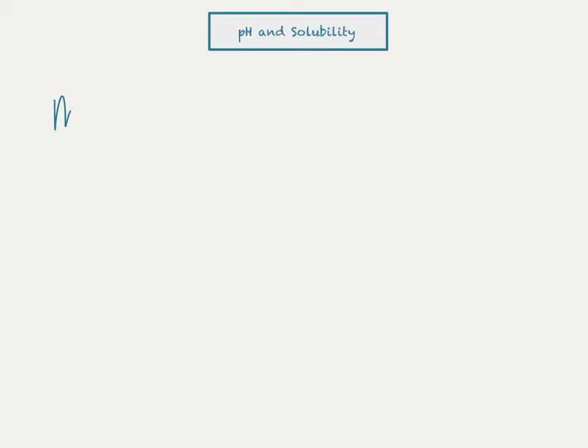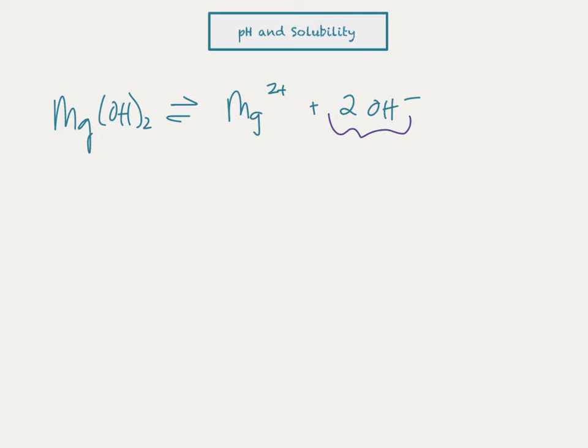Let's go back to our magnesium hydroxide example. When magnesium hydroxide dissolves in solution, if it dissolves all the way, losing both of its hydroxides, you can make this particular salt dissolve more if you remove one of the products from solution. The easiest product to remove from solution is the hydroxide.